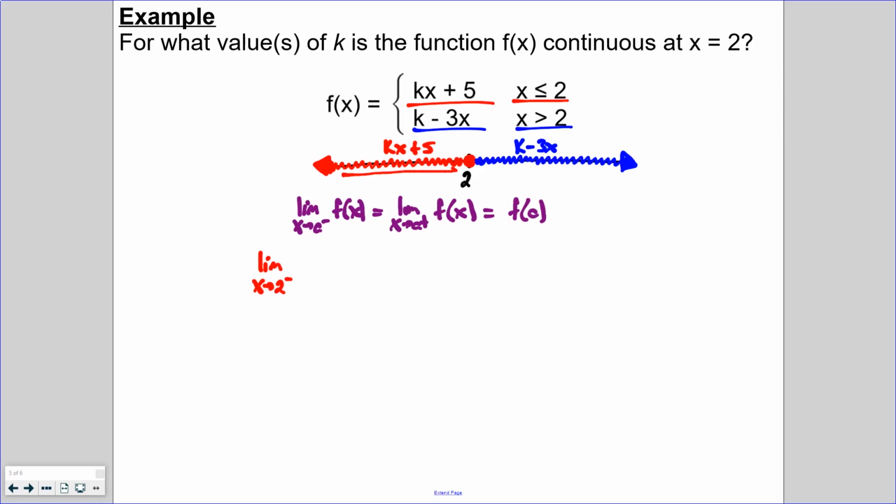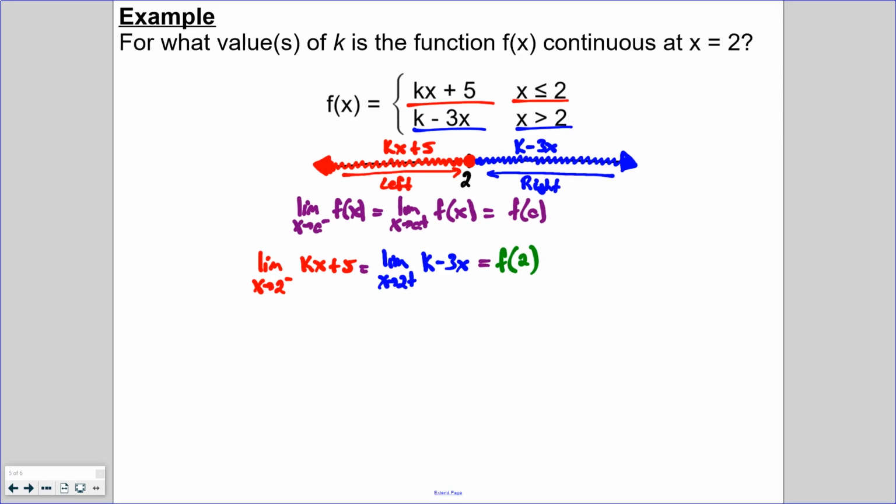And as we approach 2 from the left, we can see that we're going to be using the expression kx plus 5. And then that's going to be equal to the limit as x approaches 2 from the right. And as we approach 2 from the right, we're going to be using the expression k minus 3x. And then this is going to equal f of, we said our a value is 2.